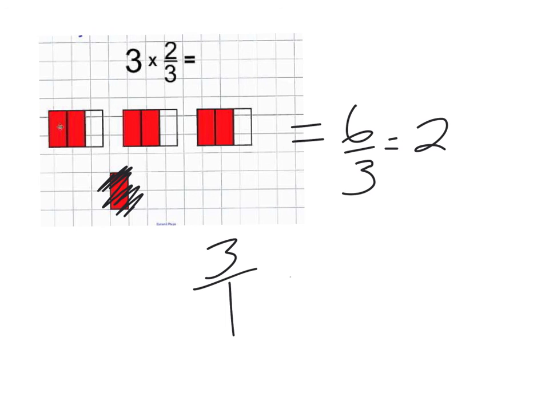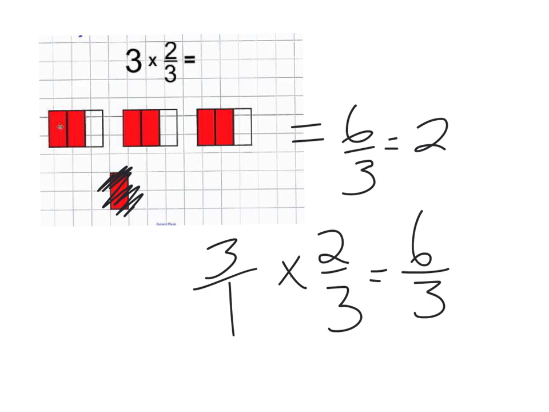You could rewrite it as 3/1 times 2/3, and then you just multiply across. 3 times 2 is going to give you 6. 3 times 1 is going to give you 3. 6 divided by 3 is an answer of 2. So multiple ways to do these. Again, be ready for some models. The models usually aren't too tough, but a lot of times that's what they want you to do on tests, is they want you to be able to read and analyze a model.